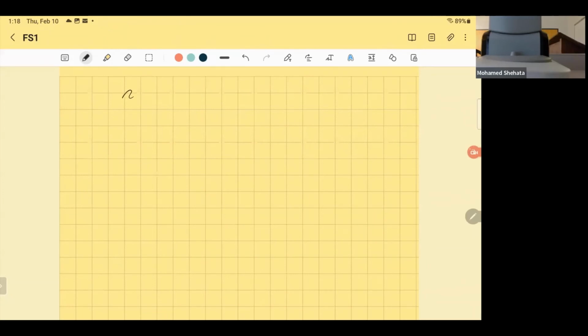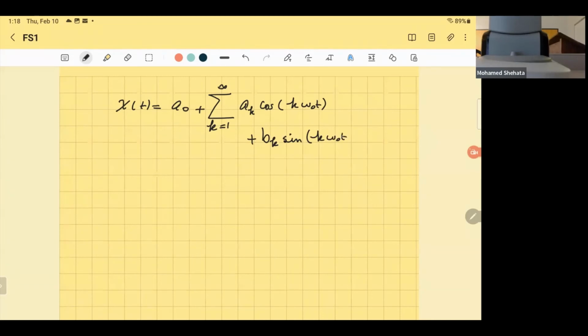We say that any signal x(t) is equal to the DC component plus, I'm just rewriting again what we did, the sum from k equals 1 to infinity of a_k cosine(k omega naught t) plus b_k sine(k omega naught t). That's the Fourier series in general.